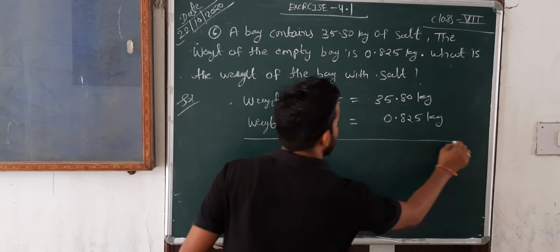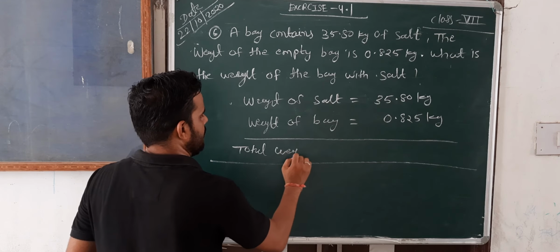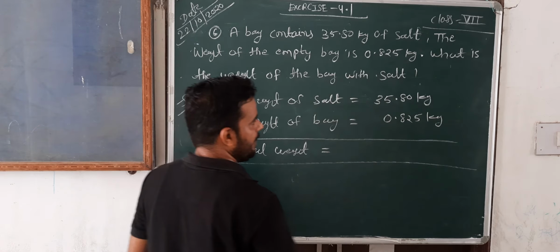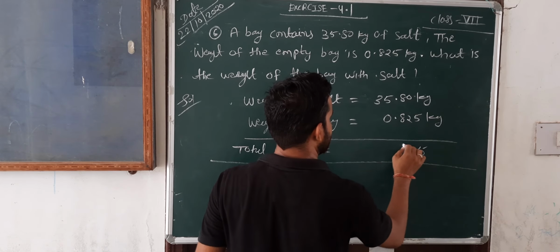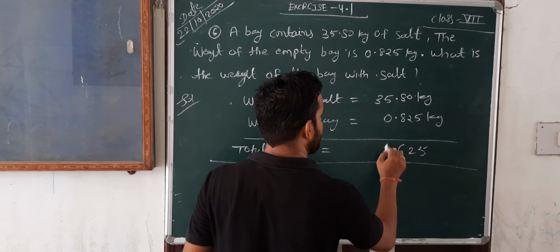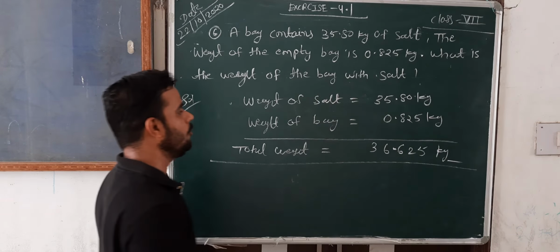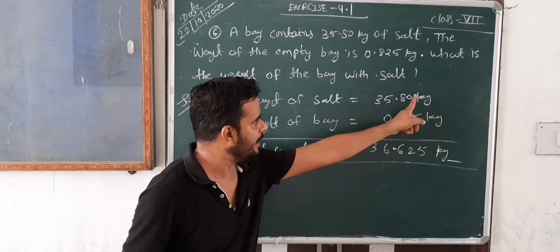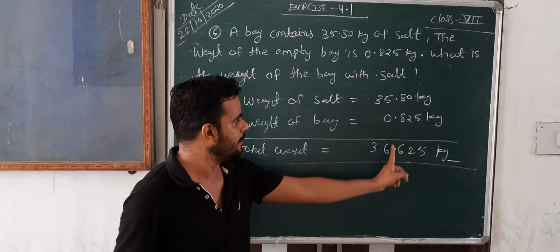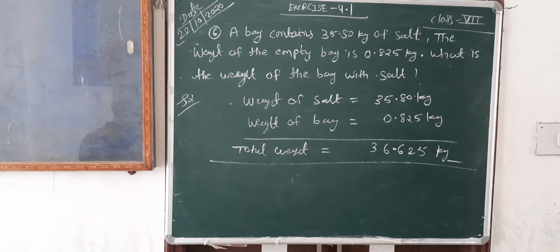So now we have to find the total weight with the bag. So total weight: 0 plus 5 then 5, 2 and 8 is 10, 8 and 8 is 16, 6 carry 1, 5 plus 1 is 6 and 3. So 36.625 kg is your total weight. Okay, so the total weight is 36.625. Take the screenshot.